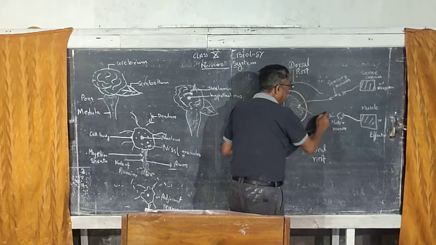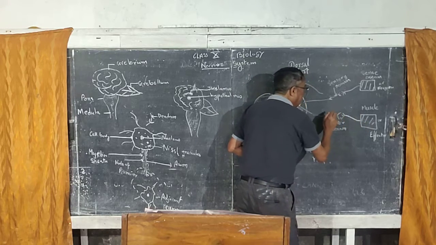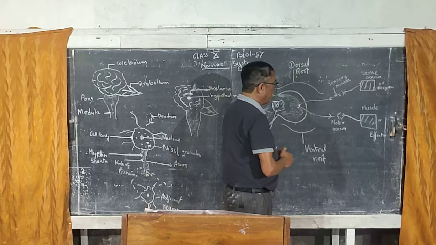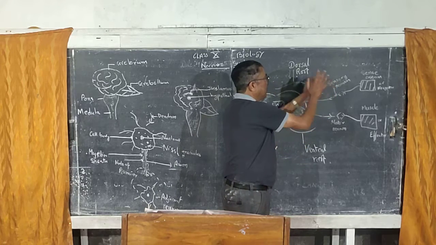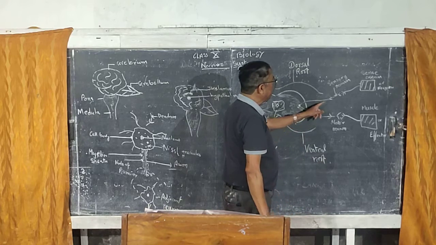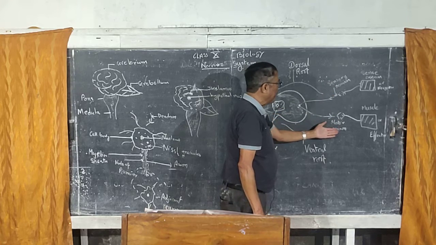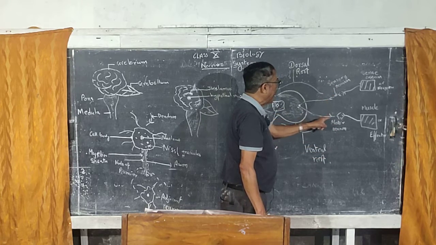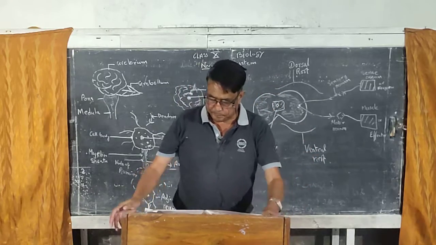And if you see an arrow coming from the central nervous system to the muscle, that is the motor neuron. If the arrows are reversed, the whole naming will change. So be careful, see the arrows, don't mug up, because this one is sensory neuron up and motor neuron down. You see, the arrows will change the whole thing.